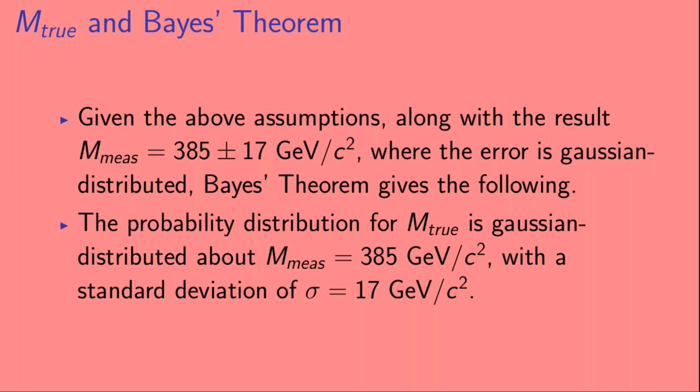The probability distribution for M true is Gaussian distributed about M measured equals 385 GeV/c², with a standard deviation of sigma equals 17 GeV/c².